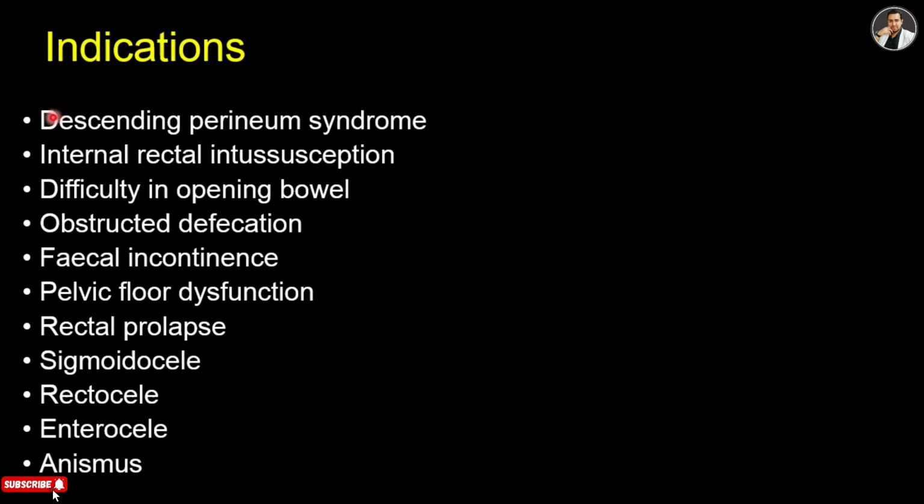And what is this descending perineum syndrome? Descending perineum syndrome refers to a condition where the perineum balloons several centimeters below the bony outlet of the pelvis during strain, although this descent may happen without straining.